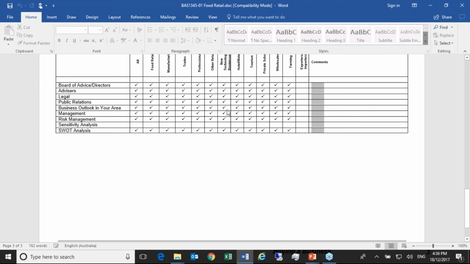So that's an extract of the material contained within the buying a business product package.